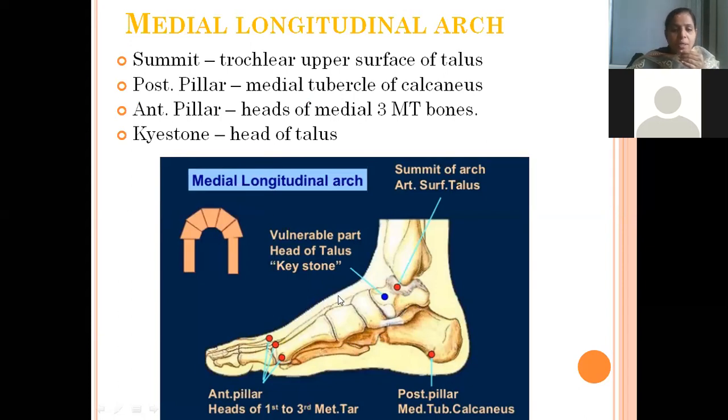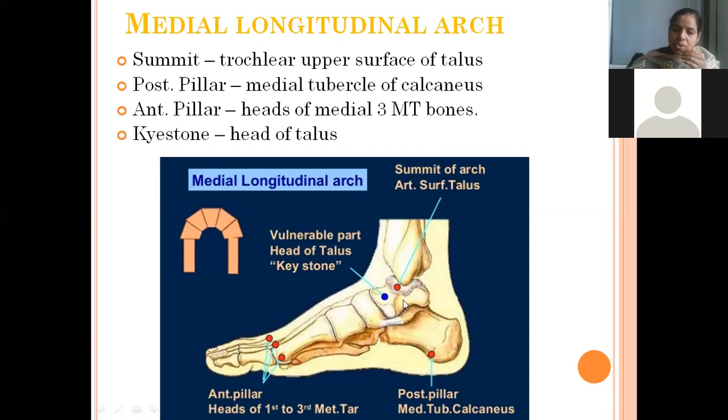Now, the summit is this point, the highest point shown in this red point: the trochlear upper surface of the talus. What bone is coming and articulating here? Yesterday we discussed the inferior surface of the tibia for the formation of the ankle joint.